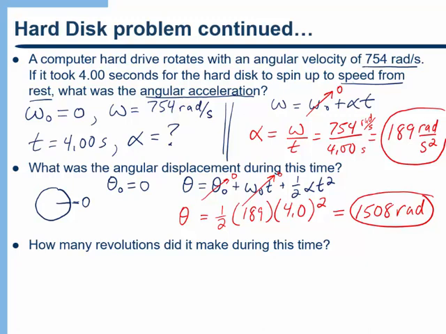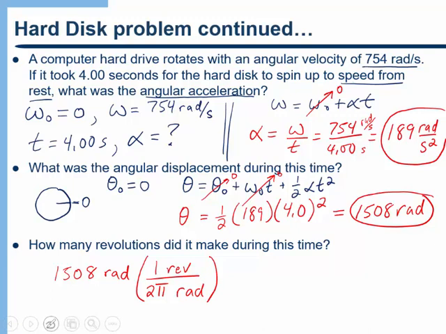Now, obviously, what that's telling you is it went through a whole bunch of revolutions during that time. That's our last question for the problem. How many revolutions did it make during this time? This is really just a unit conversion. In other words, we know that if we have 1508 radians, to convert that to revolutions, we just want to remember that in one revolution, there are 2 pi radians.